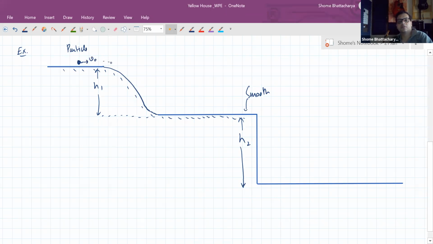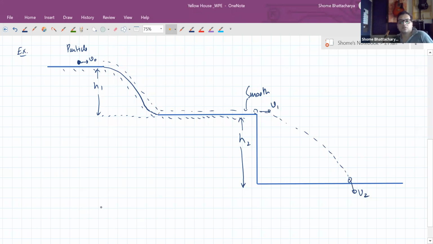So it comes sliding down like this, reaches this point here at some point of time with a speed v1, and then from here it goes into projectile motion and hits this point with a speed of v2.